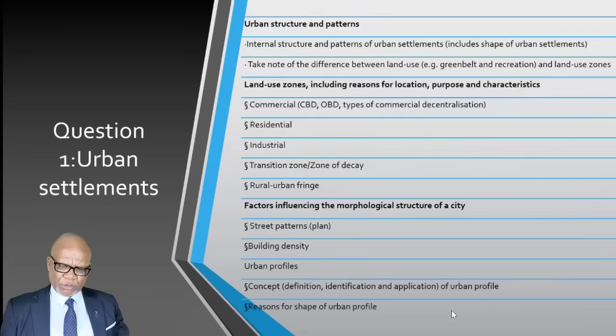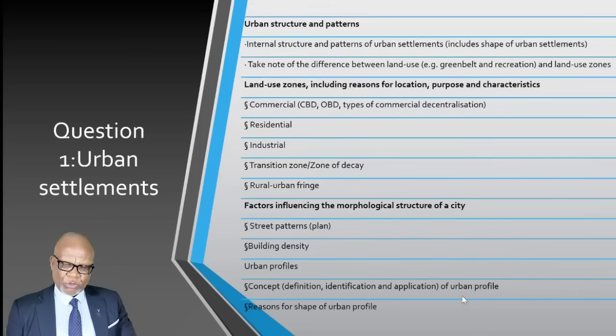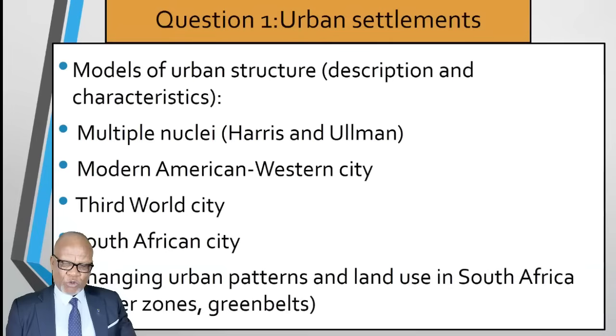Then we're going to look at all those processes, urban structure and patterns. We're going to look at this. This is a simple outline of the content that you're going to look at. I want to quickly move out of this and go into our content.